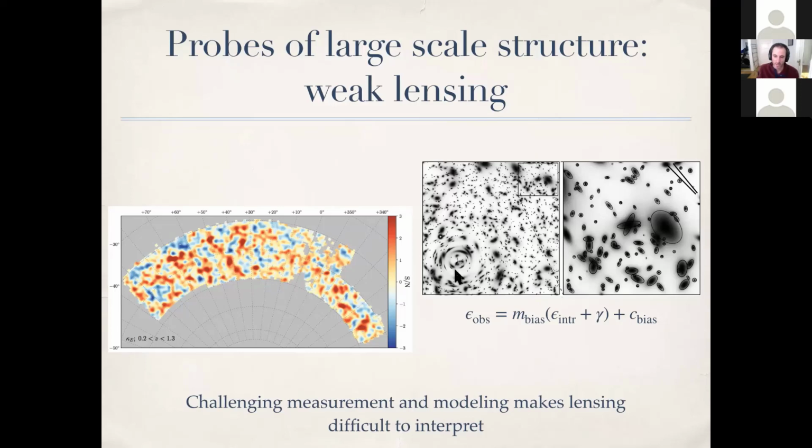What we measure in weak lensing surveys are the ellipticities of galaxies. The reason why these ellipticities of galaxies are sensitive to the mass in the universe is through the bending of light around massive structures in our universe. There's one such massive structure in the bottom left-hand part of this image here.